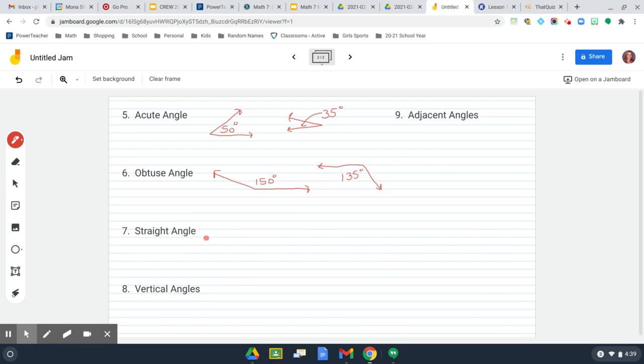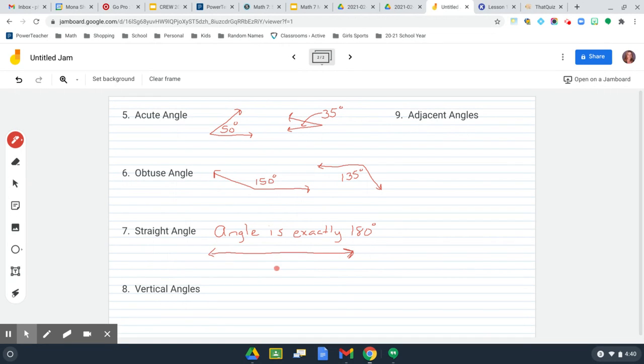And a straight angle, we're going to write that definition in here as well, is an angle that is exactly 180 degrees, which means, so with my shaky hand and my pen here, I'm going to try to draw that straight line.